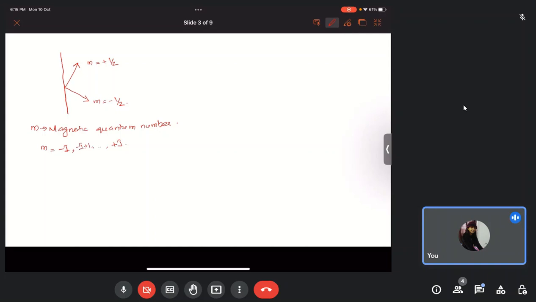So this is how the energy level diagram of a spin half nuclei looks like.